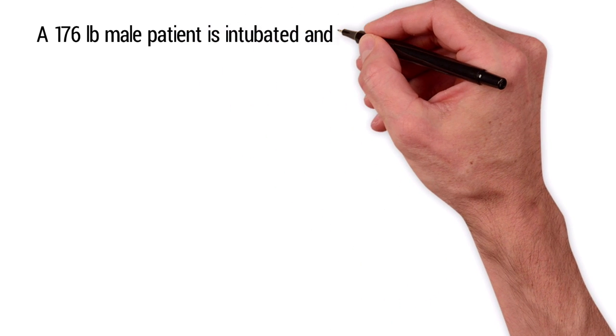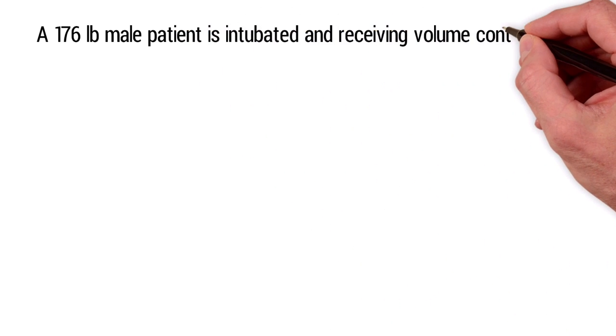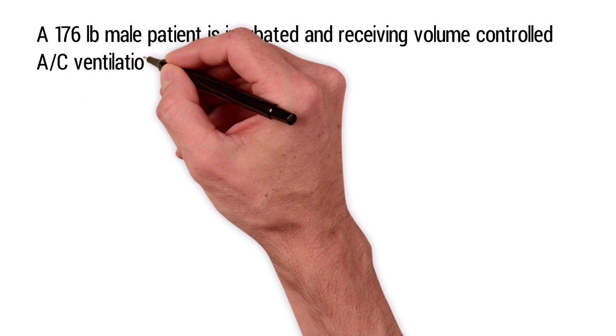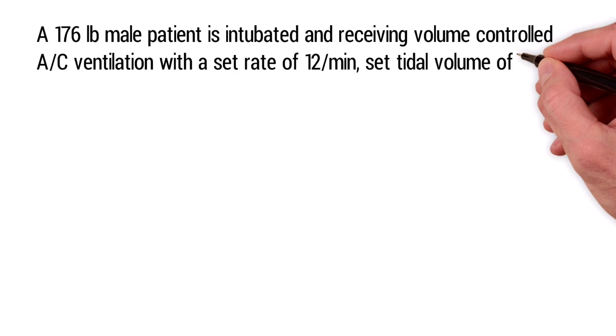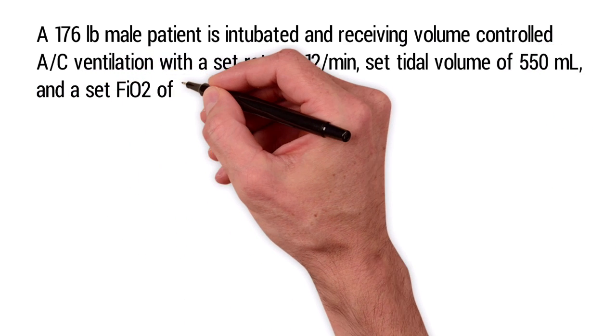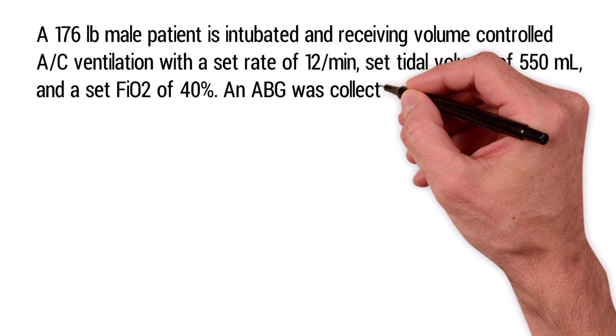A 176-pound male patient is intubated and receiving volume-controlled, assist-controlled ventilation with a set rate of 12, a set tidal volume of 550 milliliters, and a set FiO2 of 40%.